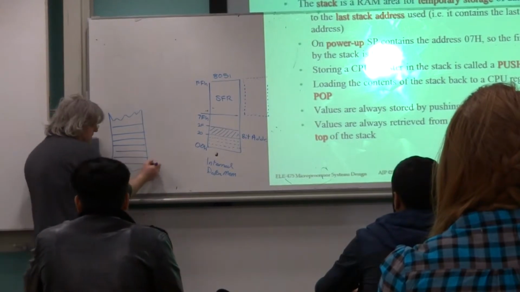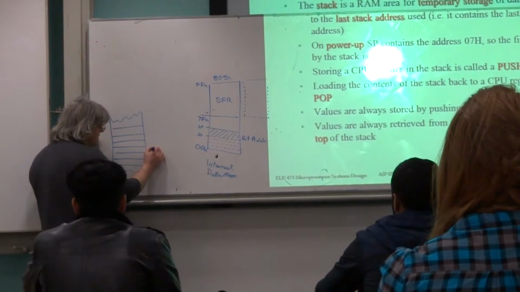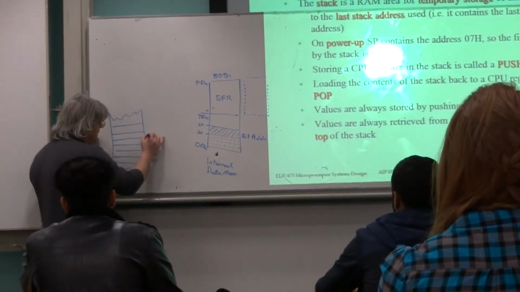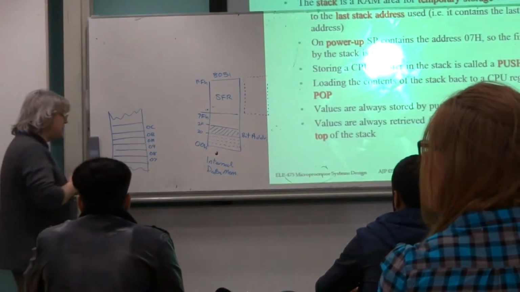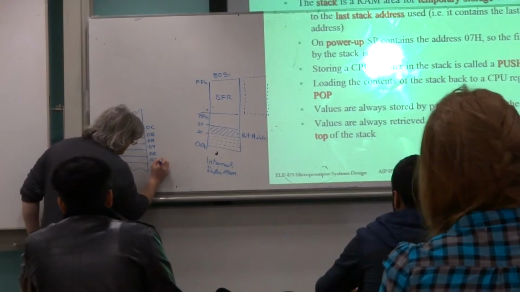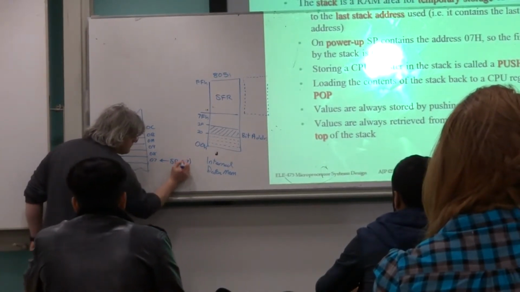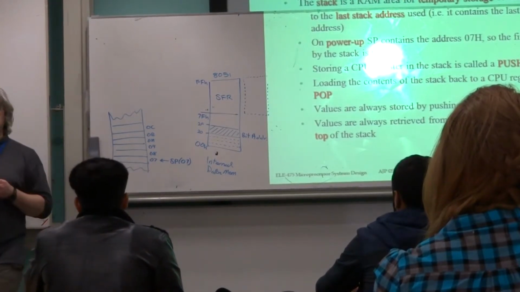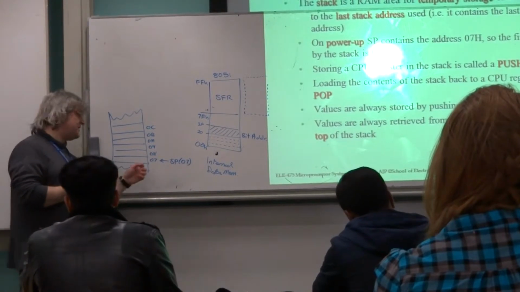And let's say this happens to be location 07, 08, 09, 0A, 0B, 0C, and so on. When you switch on the 8051, the stack pointer will have the value 07. It will be pointing to this memory location. You can't change that when you switch the power on. That's what Intel decided it would point at.